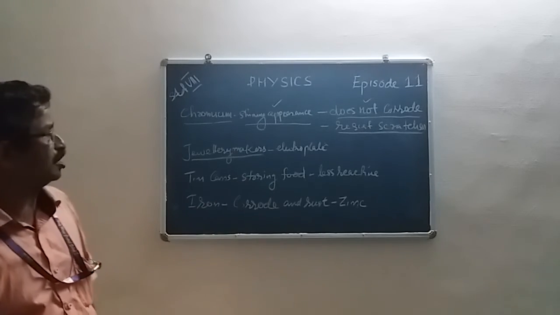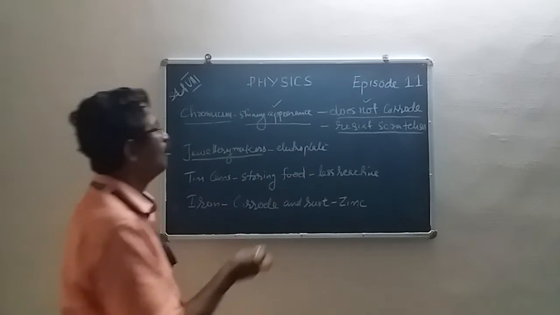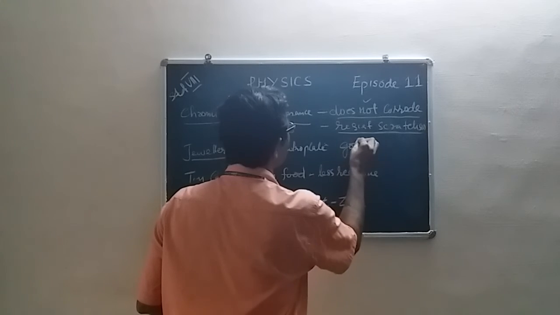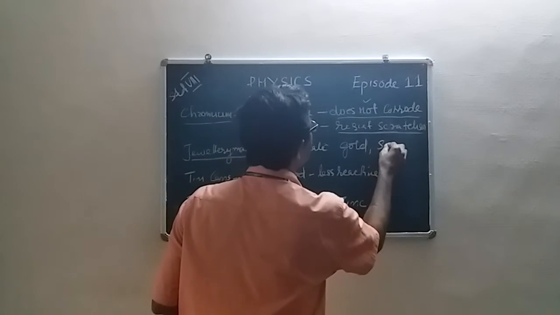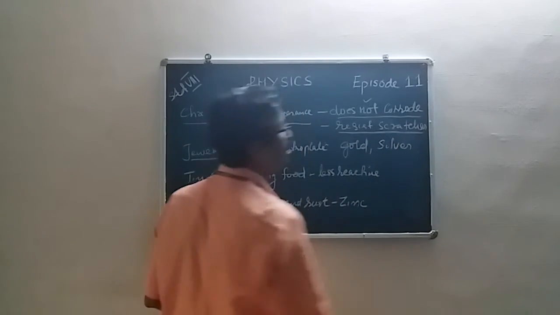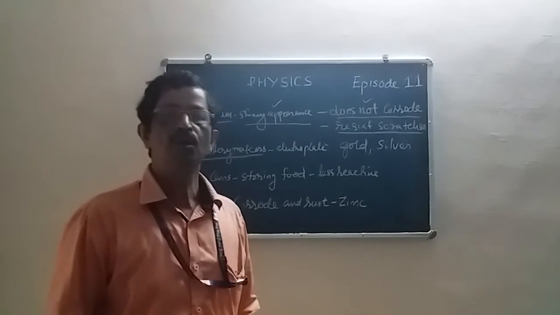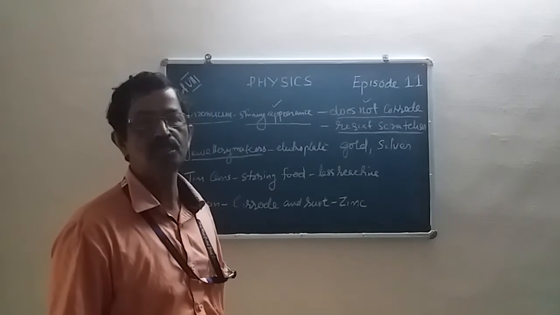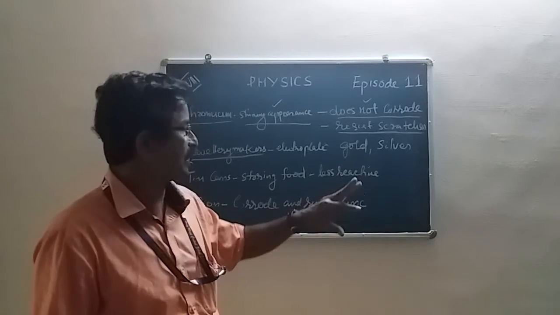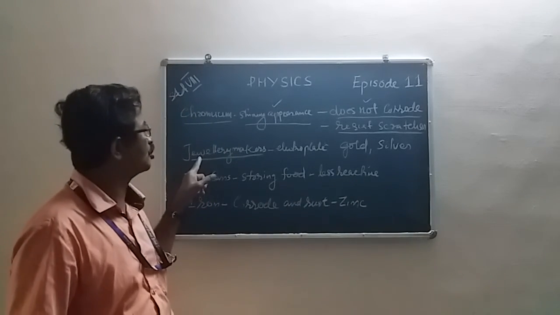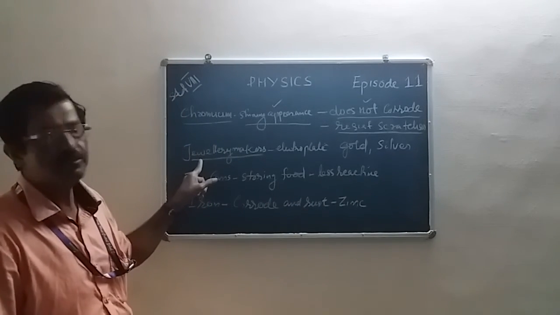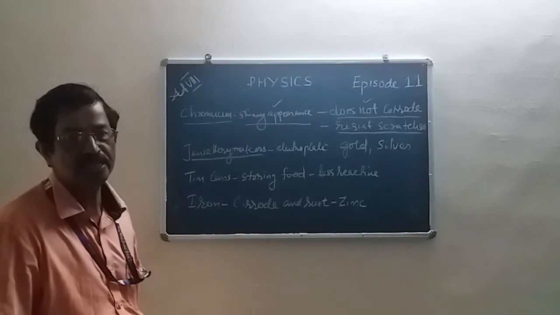Jewelry makers electroplate gold or silver on some less costly metals. That means jewelry makers also use electroplating.